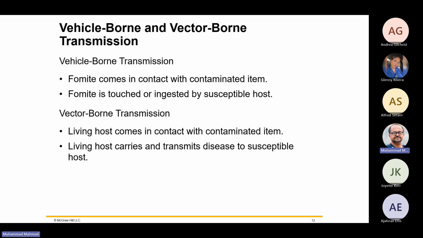Vector-borne transmission occurs when an insect, such as a mosquito, serves as an intermediate host. The pathogen survives inside the insect until it is transmitted to a susceptible host. Some examples are West Nile virus and malaria.